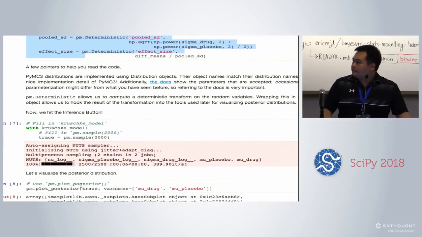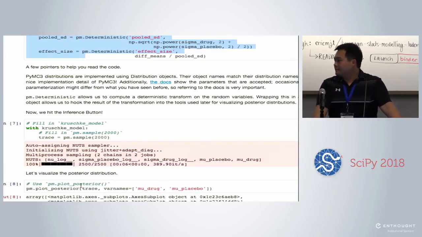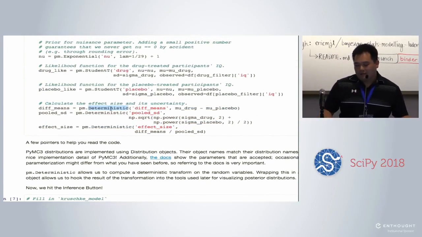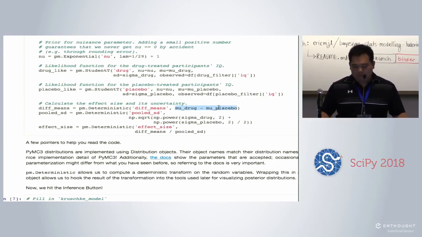So Eric, you may have mentioned this while I was out getting candy, but maybe we're thinking about the use of pm.deterministic. Yeah, okay. pm.deterministic refers to this being a deterministic transform between the variables. It means we're doing math with them.